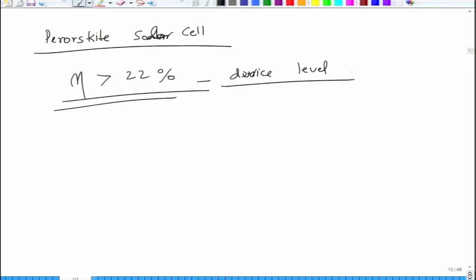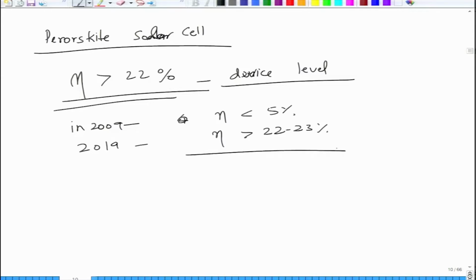In 2009 it started with an efficiency of less than 5%. In 2019 we have more than 22 to 23%. Huge jump within the past 10 years on perovskite solar cells, and right now this is one of the most exciting technologies on which people are working.